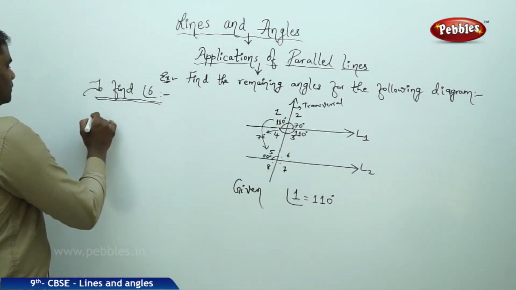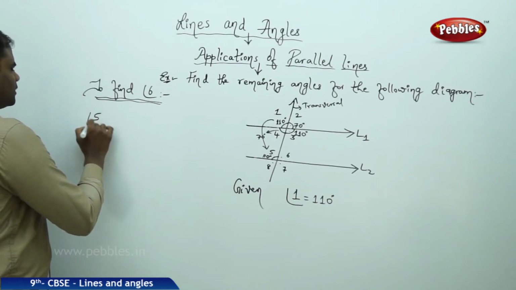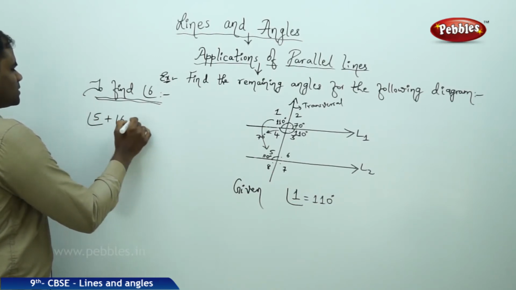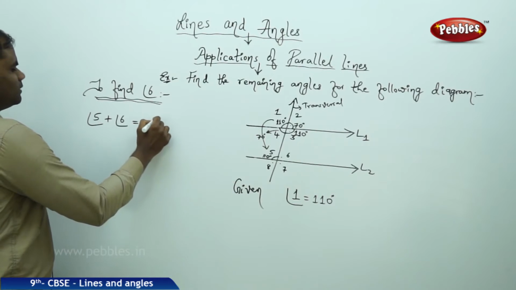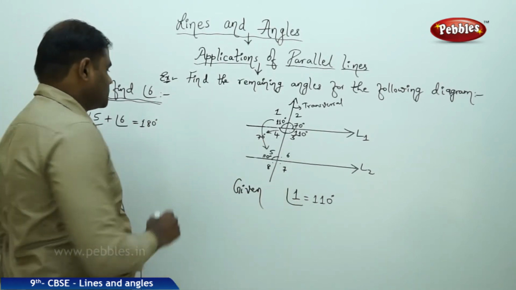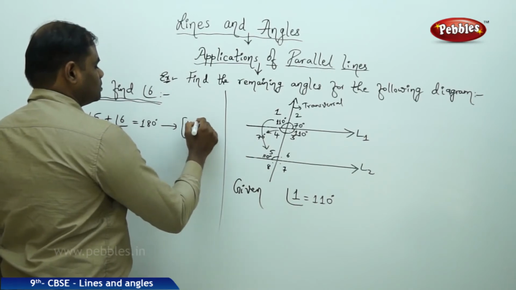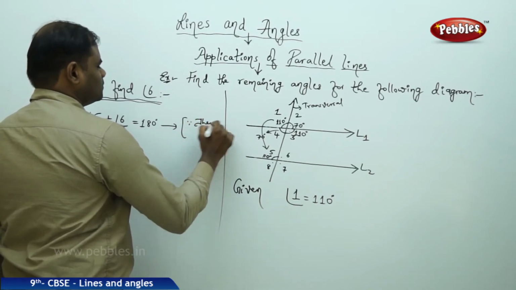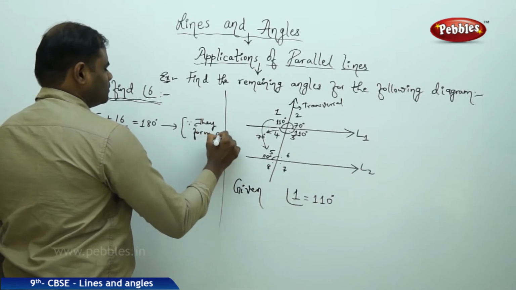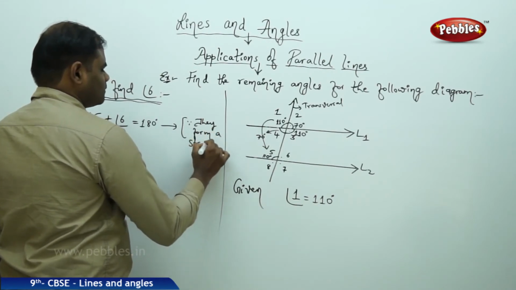So I have angle 5 plus angle 6 which is clearly equal to 180 degrees, since they form a straight line.